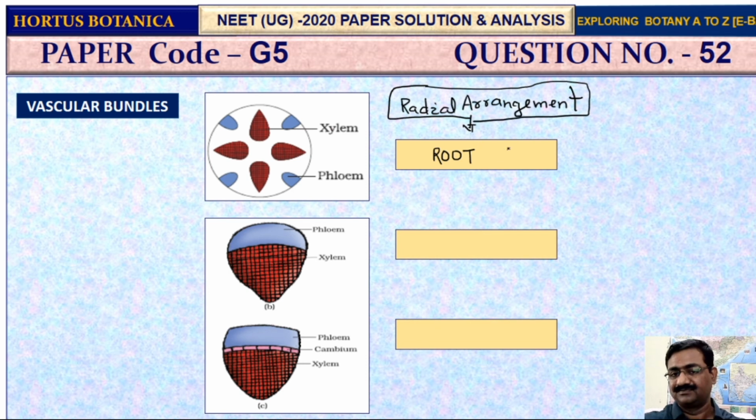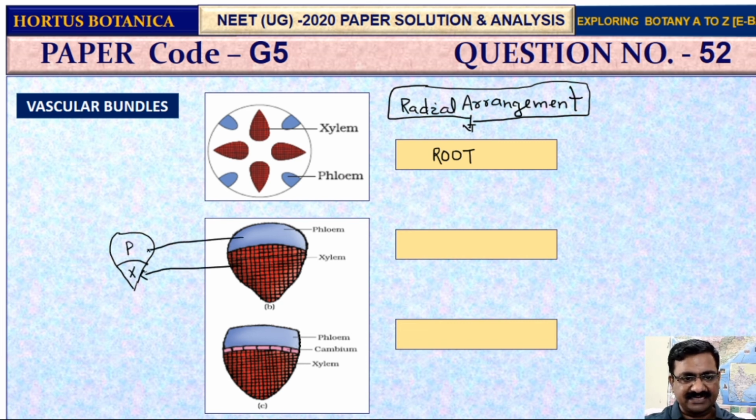So how can you recognize stem if it is not root? See this diagram. Here we have this structure, this is the xylem, and this is its phloem.